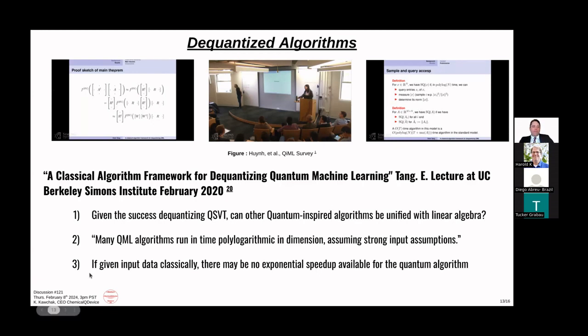So this is all, if a given input data is classical, there may be no exponential speedup available for the quantum algorithm. There's other types of speedups, but typically dequantized means there's no exponential speedup on a quantum computer compared to a classical computer is typically how that's defined.